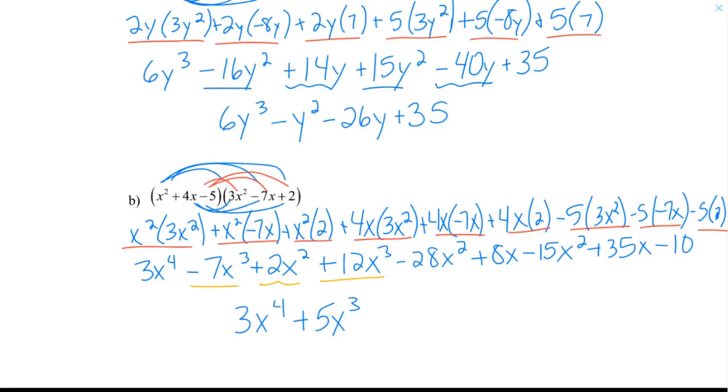We then have x squared, and x squared. Notice that we actually have 3 terms here that have x squareds. Need to combine them all together. So we have 2 minus 28 minus 15. 2 minus 28 would give us negative 26. Minus 15 would give us negative 41x squared.